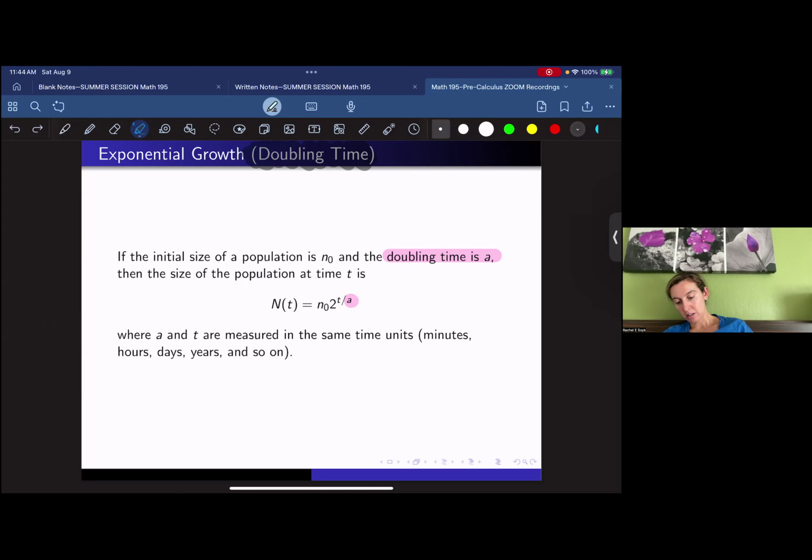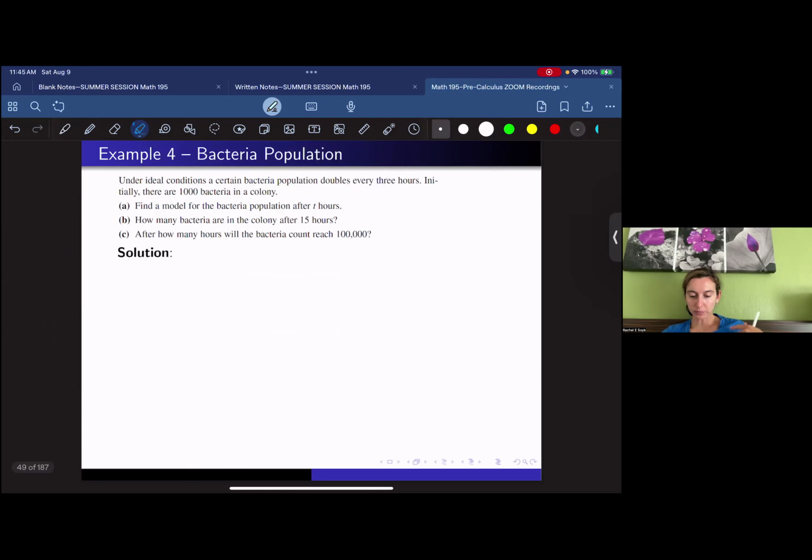N of t is equal to N sub 0 times 2, to stand for the doubling, raised to the t over a. And it's important to know that t, the time, and our a, our doubling time, which you'll get more comfortable with when we look at this concrete example in a moment, are both measured in the same units, whether it's minutes, hours, days, years, and so on.